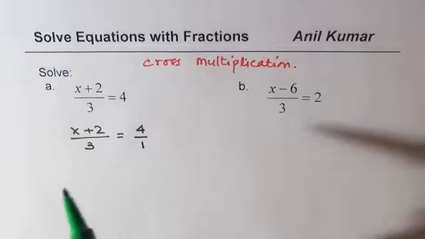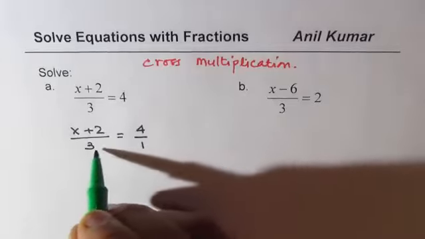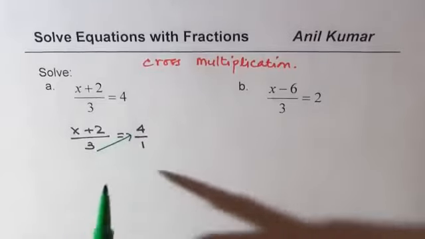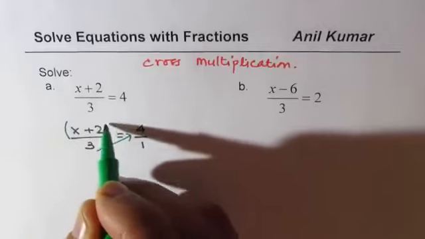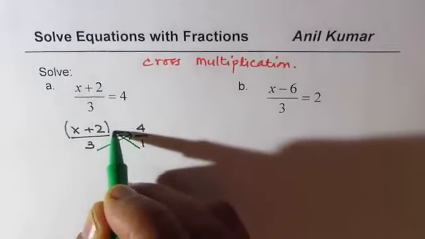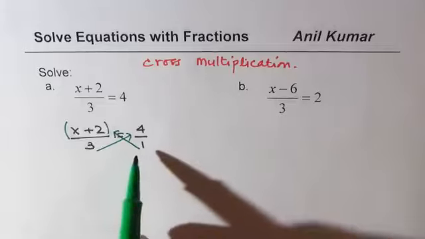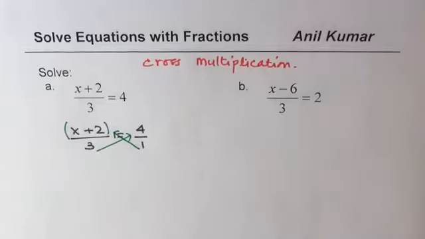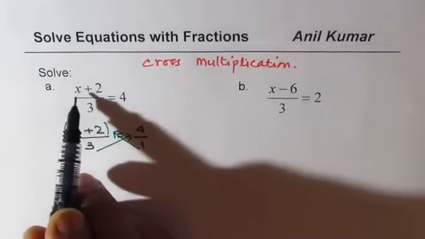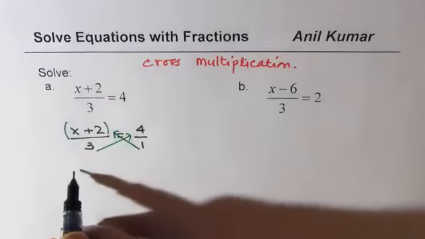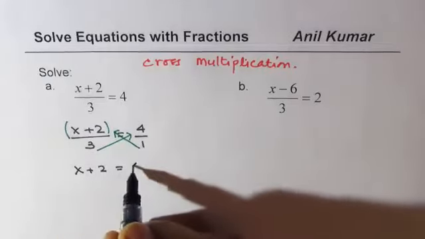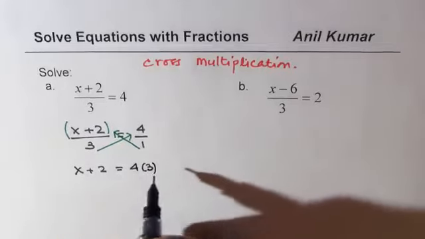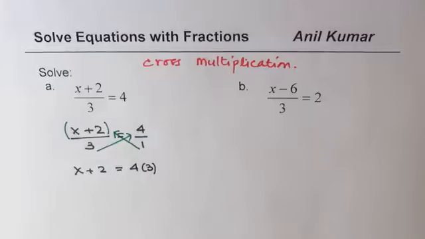So cross multiplication means this 3 gets multiplied with the term on the right side, and this whole term gets multiplied by 1. You get an idea, right? So that means it remains kind of same. That's what we mean. So cross multiplication, we're left with x plus 2 on the left side, and on the right side we get 4 times 3 or 3 times 4, one and the same thing.